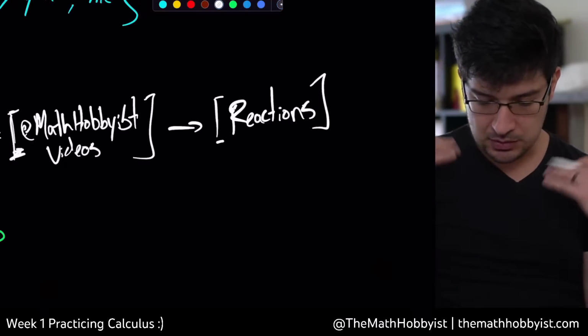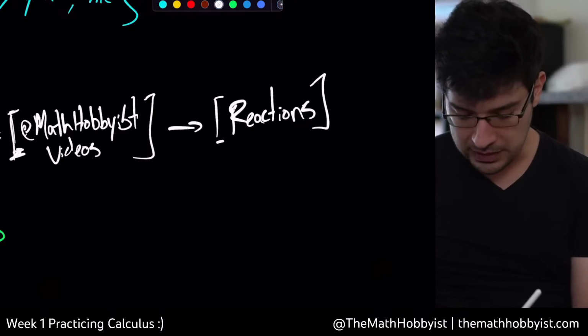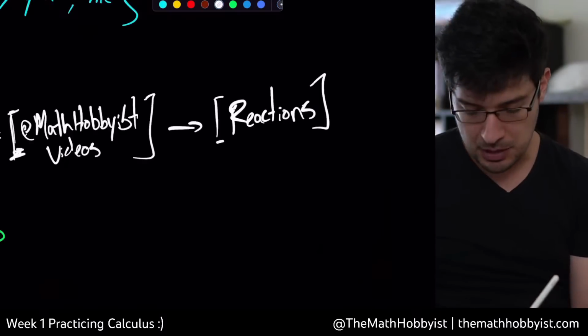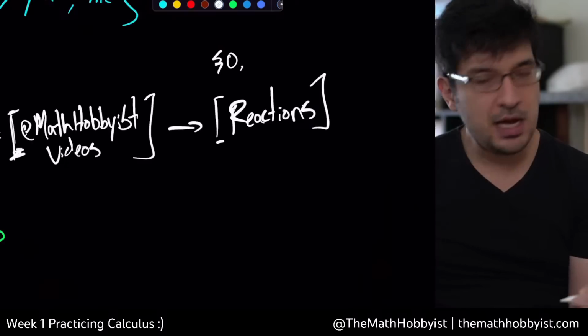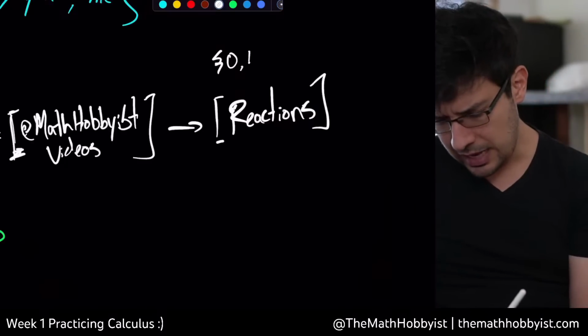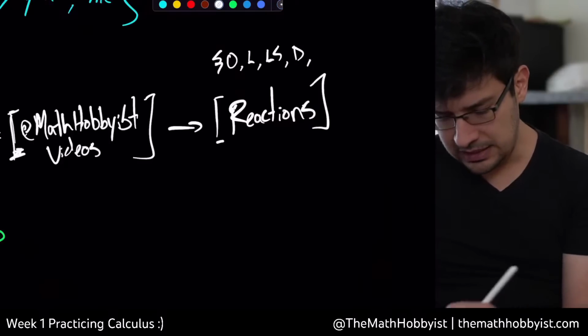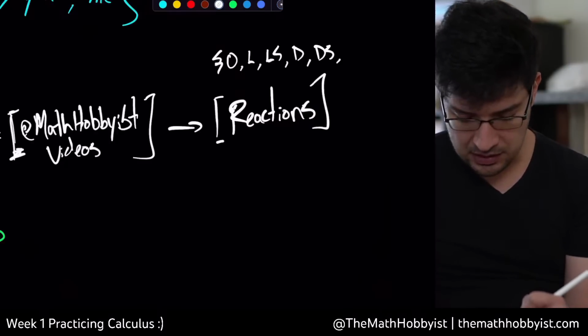So we need to model this in some way, and what we're doing is the simplification of just this model of: maybe do nothing is going to be 0. Maybe like is L. Like and subscribe is LS. Dislike is D. Dislike and subscribe is DS.